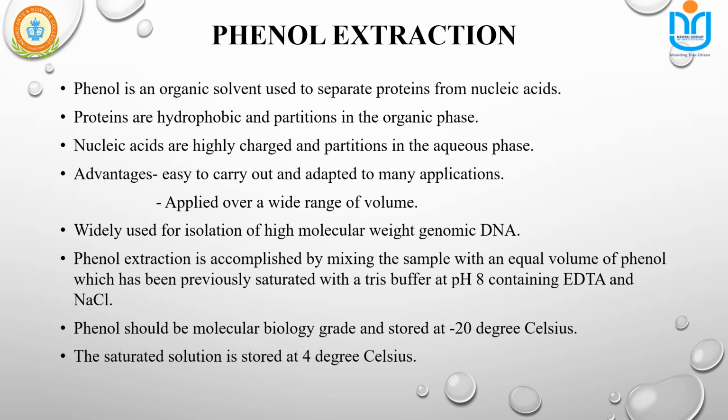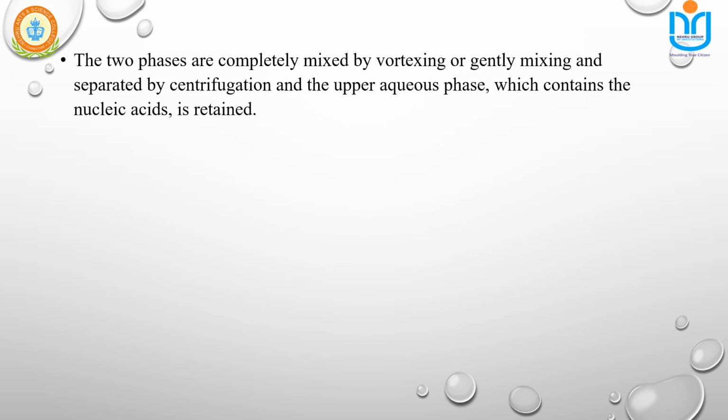The saturated solution is stored at 4 degrees Celsius. The two phases are completely mixed by vortexing or gently mixing and separated by centrifugation. The upper aqueous phase, which contains the nucleic acids, is retained.